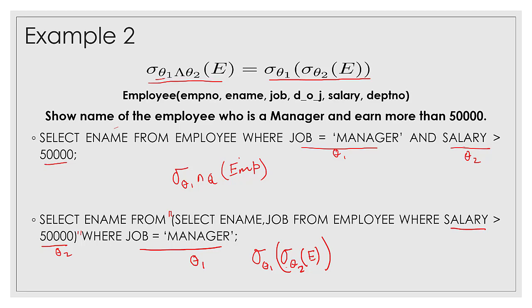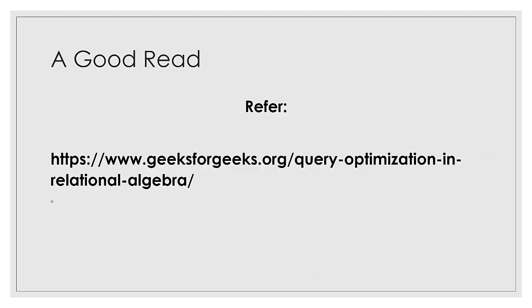I recommend you go to this link so that you will have a good idea about all the 12 equivalence expressions and how they can reduce the cost of the query.